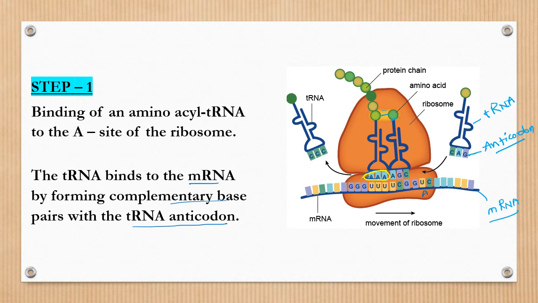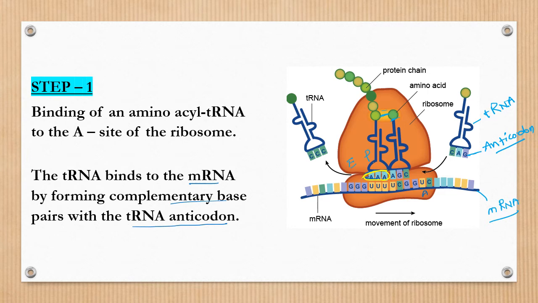So the bond is formed between the P and amino acyl sites. Then from this P it moves to the exit, that is the E site. So a ribosome actually has three sites: amino acyl site, peptidyl site, as well as exit site.